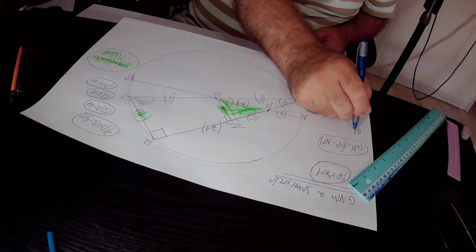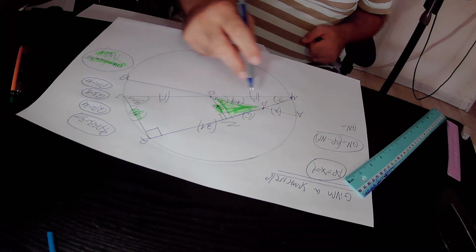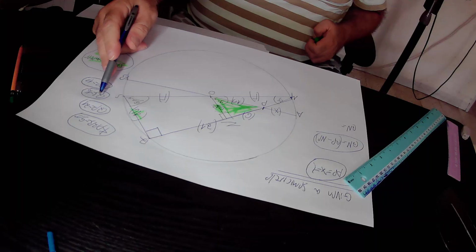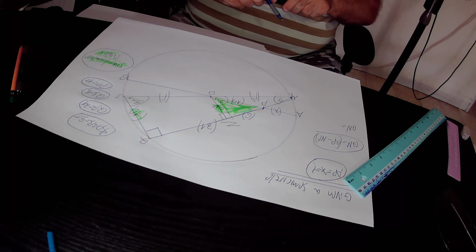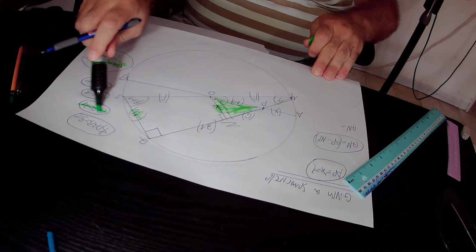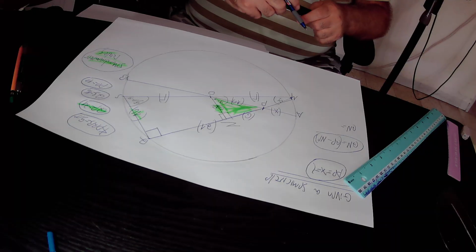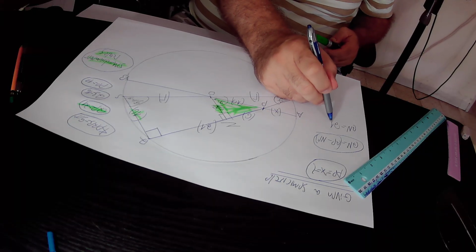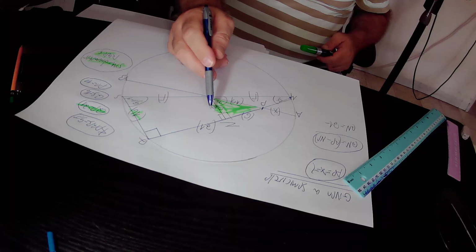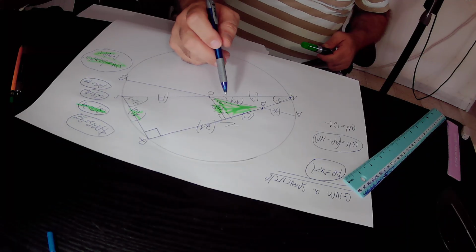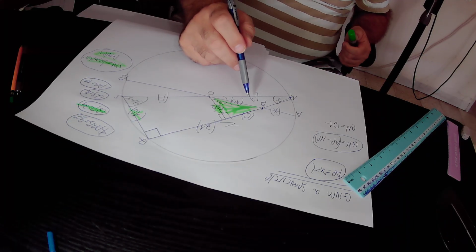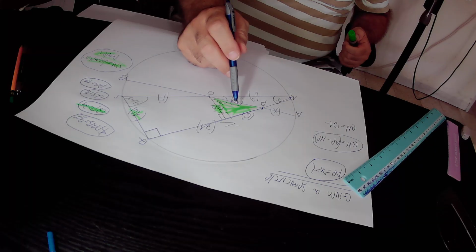So QN in total equals QP. QP equals 21 units in its length, according to what is given in the question. Minus NP. NP equals 6 units, according to what we have already found out.